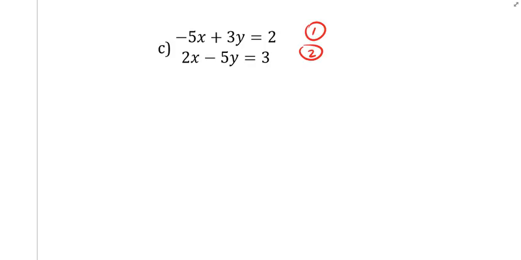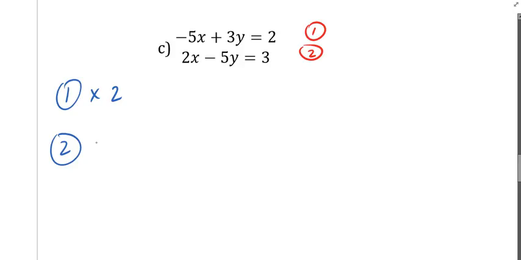So how am I going to do that? I'm going to do equation 1 times 2, and I'm going to do equation 2 times 5. So that's what we call a common multiple. You're looking for a common multiple of the coefficients. What would be common between 3 and 5? 15, right? Good.